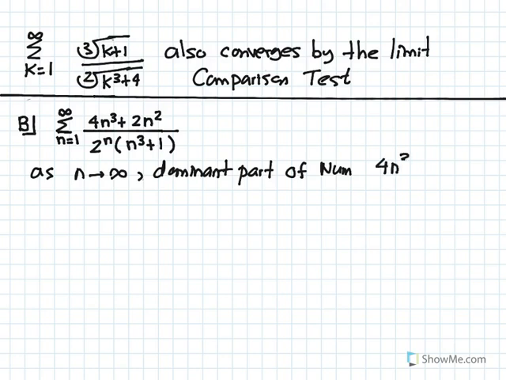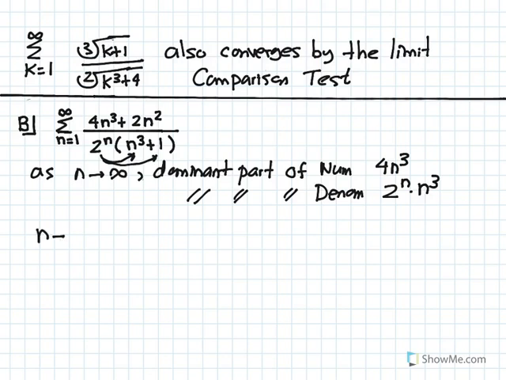The dominant part of the denominator is going to be 2 to the n times n cubed. That's key. You have to multiply these to get the dominant term of the denominator.